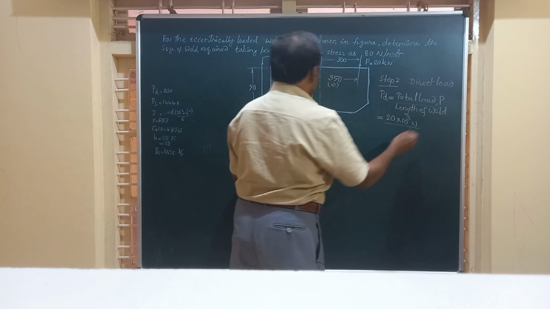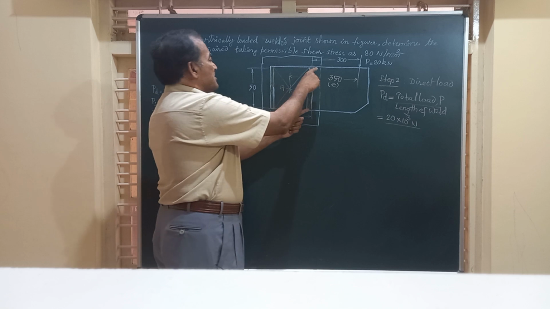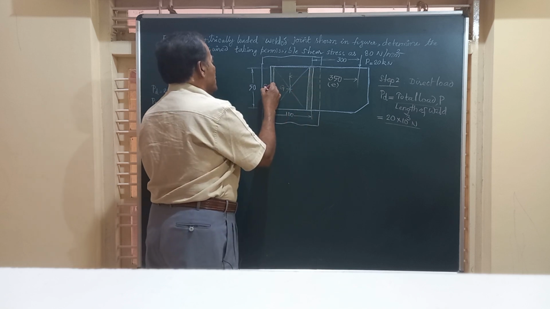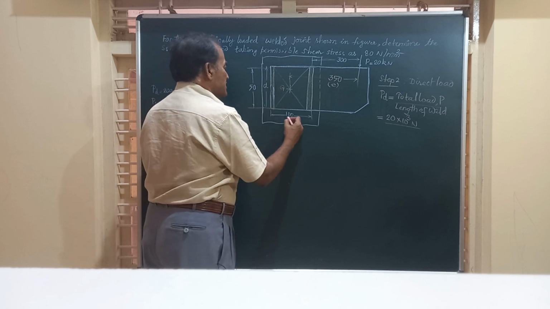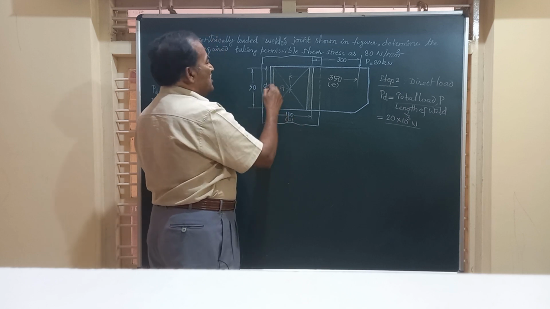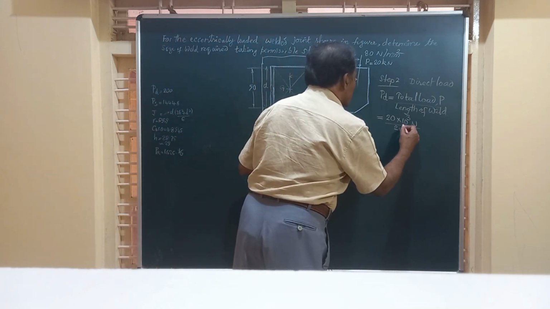We call this length D and this B, so the length of weld will be D plus D, that is 2D.